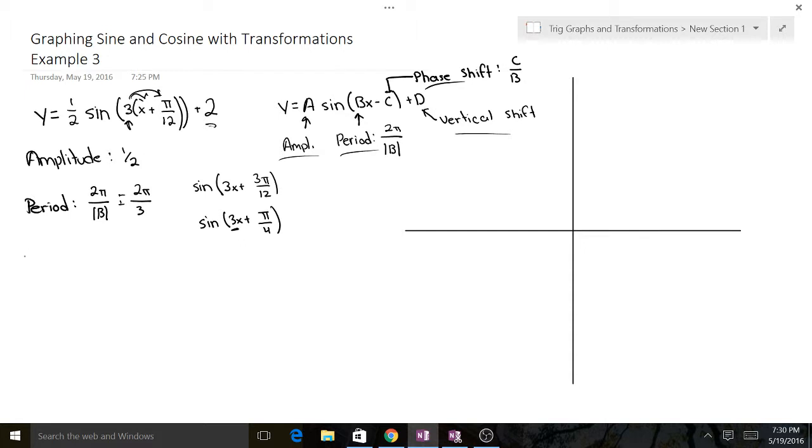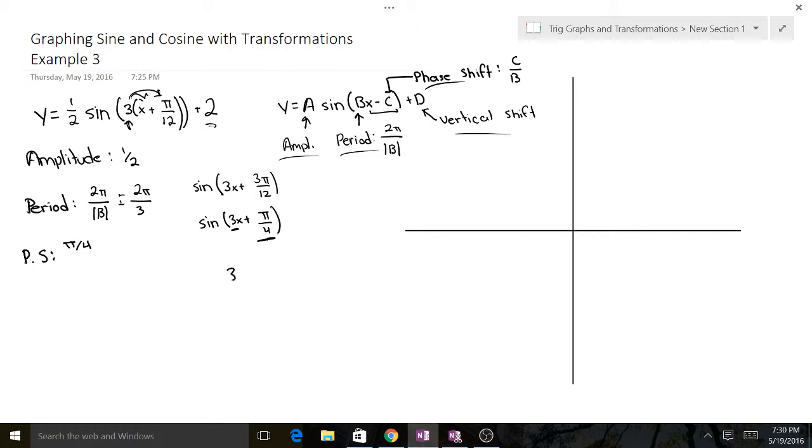Alright, so now we have the phase shift next. That is defined as c over b. Now we have it in the form we want. So we've got pi over 4. And it's actually going to be a negative pi over 4, because the formula calls for bx minus c.